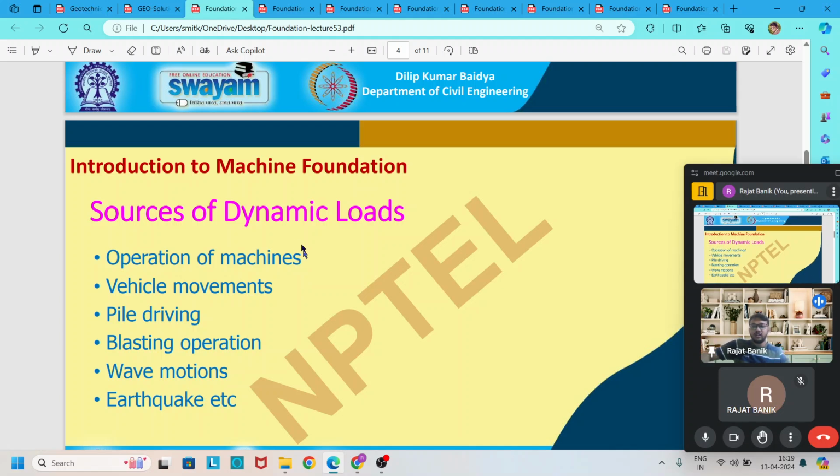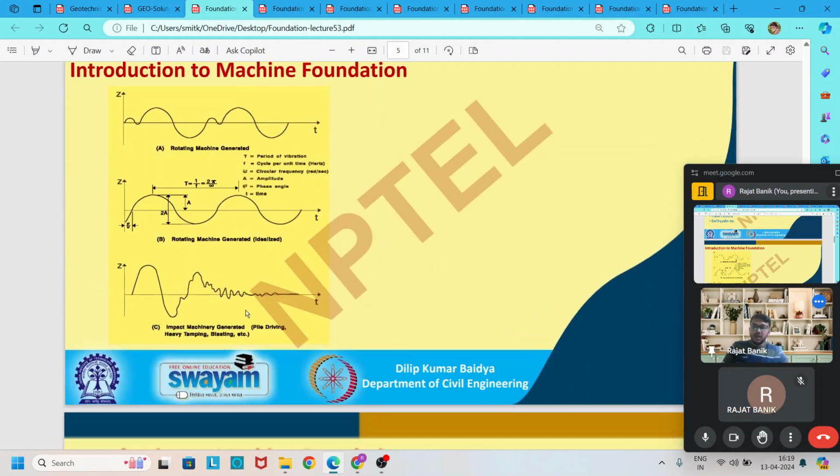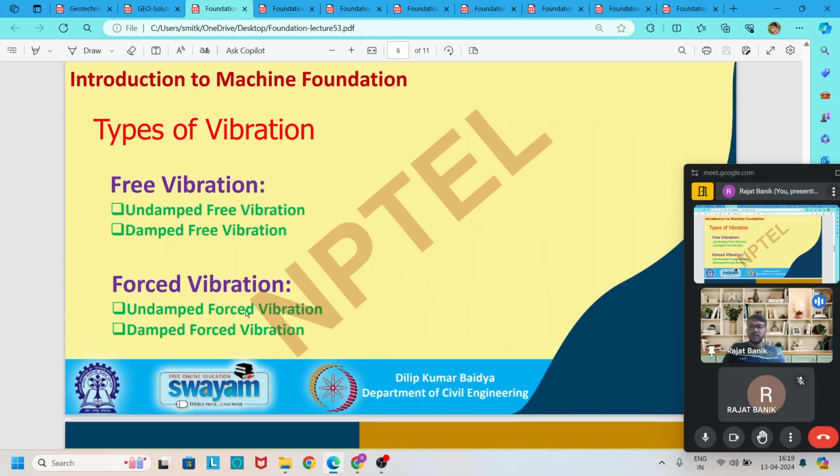Then we studied the sources of dynamic load, like operating machines, vehicle movement, pile driving, blasting operations, wave motion, and earthquakes. After that, we differentiated the different types of vibration. There are mainly two types: free vibration and forced vibration. Free vibration is the type of vibration which vibrates without the help of any external force.